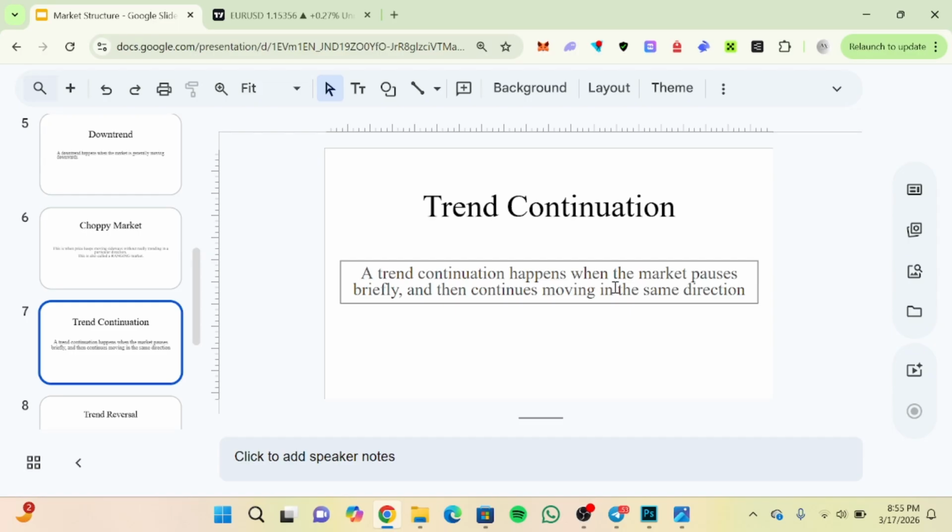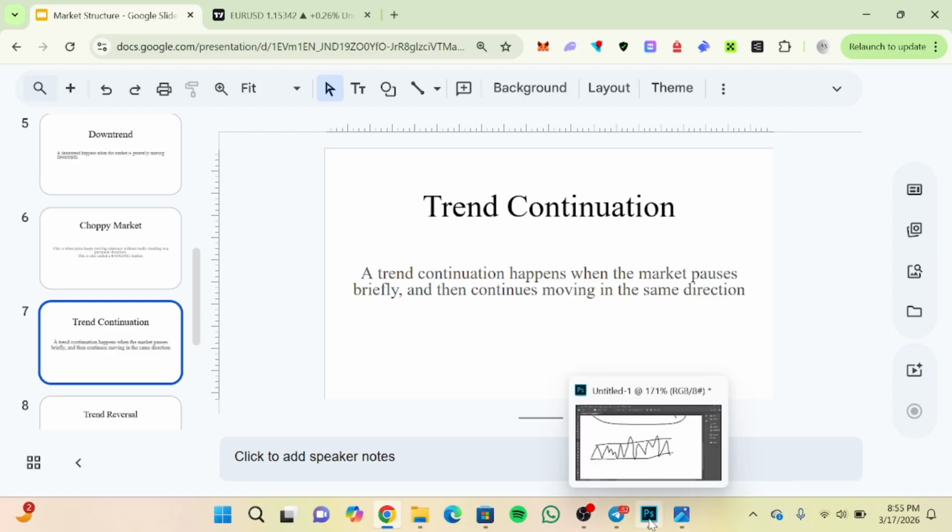When you are swinging a catapult and you put your stone or your pebble and you pull back. Exactly. So a trend continuation is actually a pullback before a continuation of the trend move. So for example, imagine the market is moving upward. Okay, let's do an illustration with this.